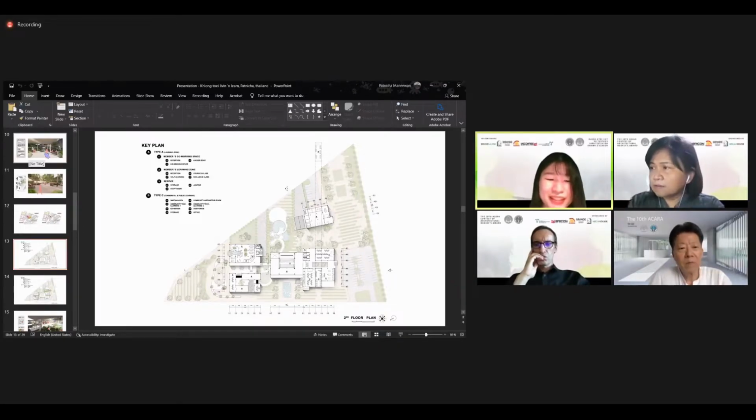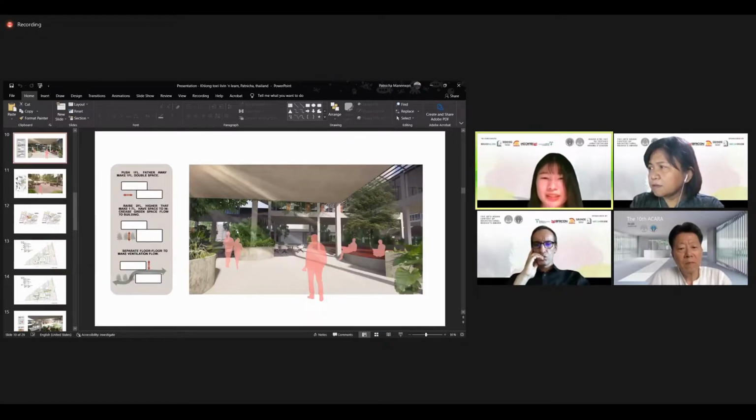It's like something that is really there but not fully visible. It's about bringing the transition of a traditional space to make people feel more comfortable while using the space.